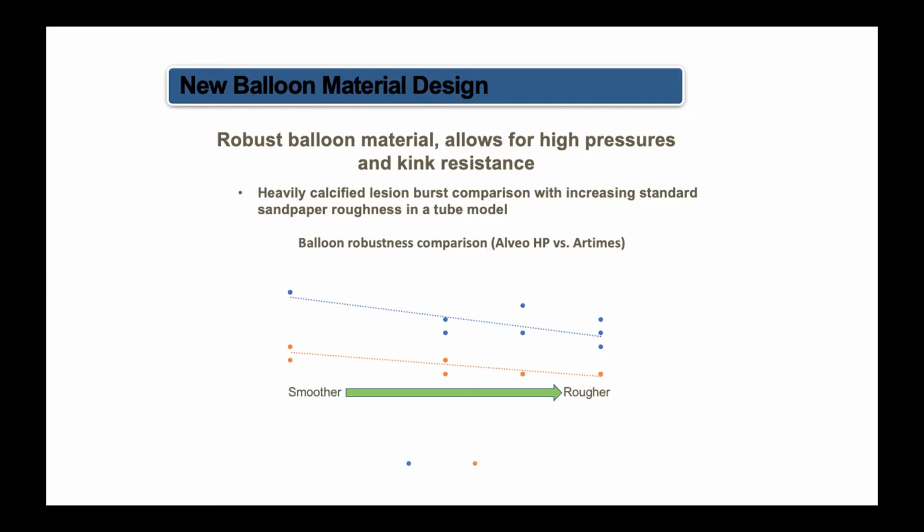Robust balloon material allows for high pressures and kink resistance, even in heavily calcified lesions. This is the burst comparison with increasing standard sandpaper roughness. This is bench testing, and it has been proven on the bench, as you see here.